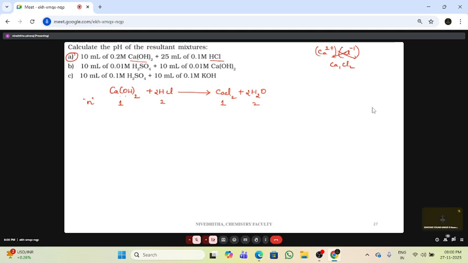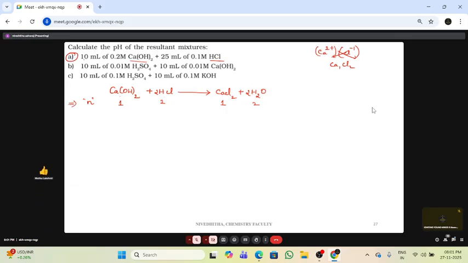If calcium hydroxide is 1, then for complete neutralization the HCl quantity we require is 2 moles, right? If calcium hydroxide is 2 moles, then the HCl we need is 4 moles, right? And from the point of view of HCl, if the quantity of HCl is 2 moles, then calcium hydroxide needed is half, so it is 1 mole, right, Kana? So this is the inference.